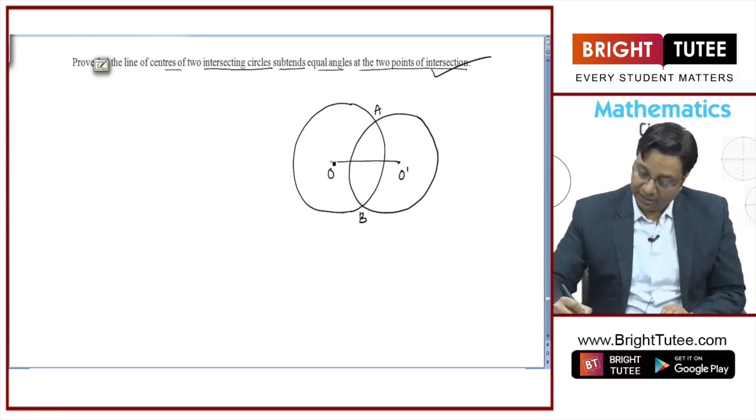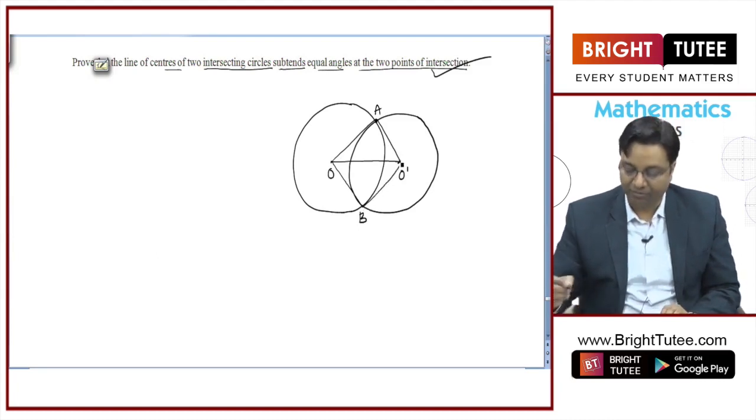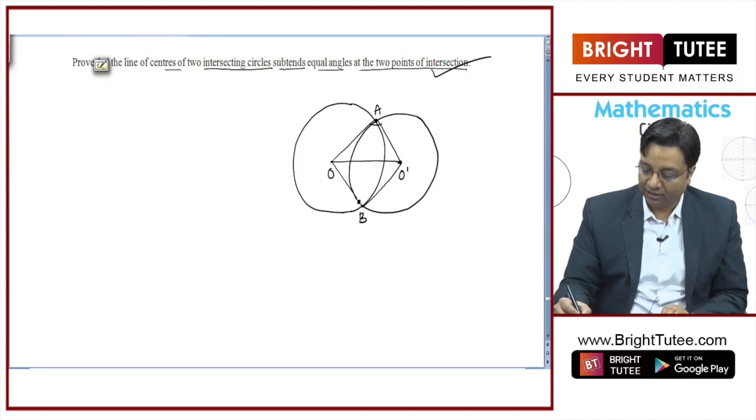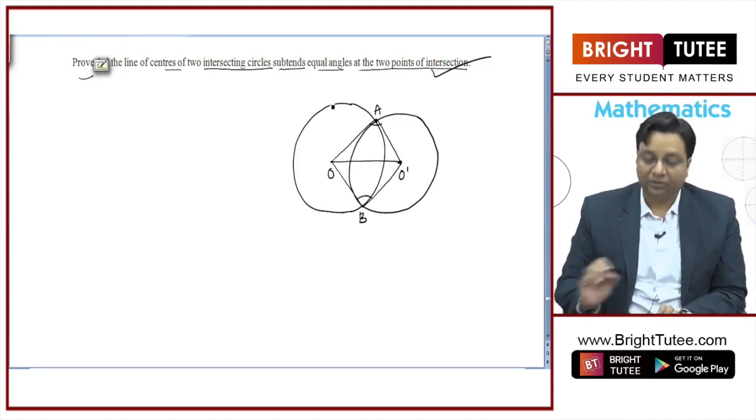Now this line OO dash subtends this angle at point A and it subtends an angle at point B. So we are talking about these two angles here. So we need to prove that these two angles are equal.